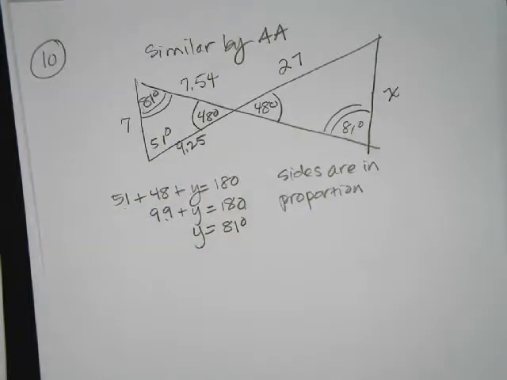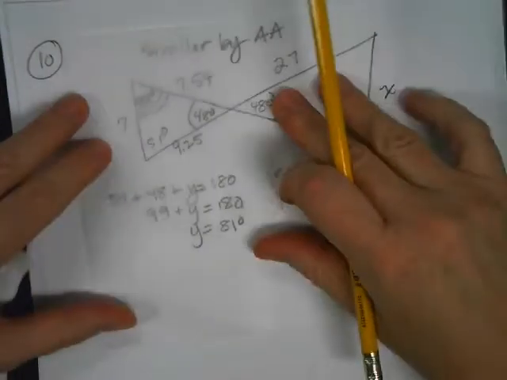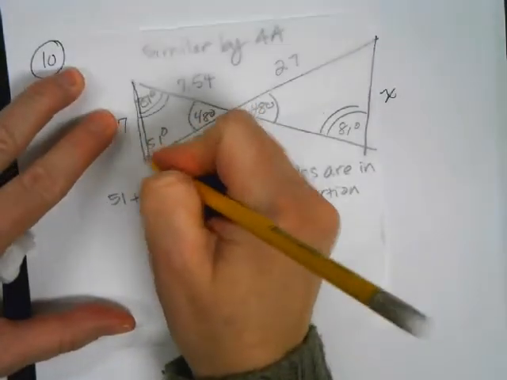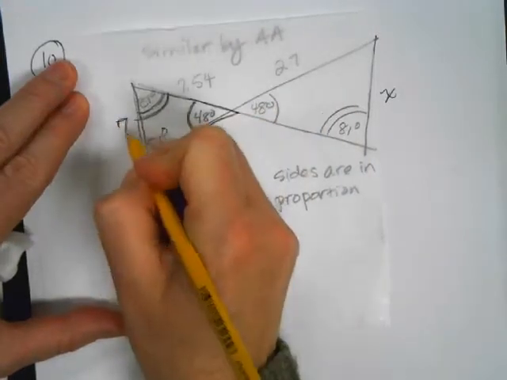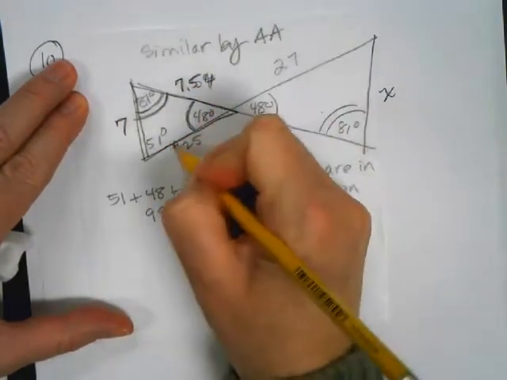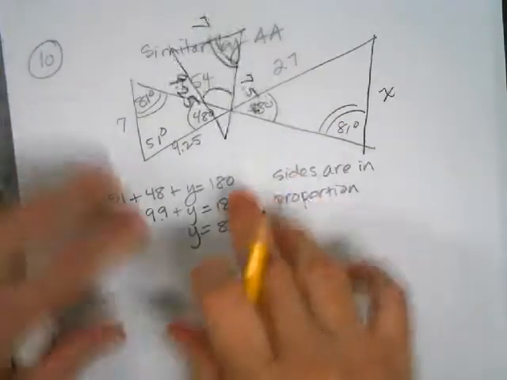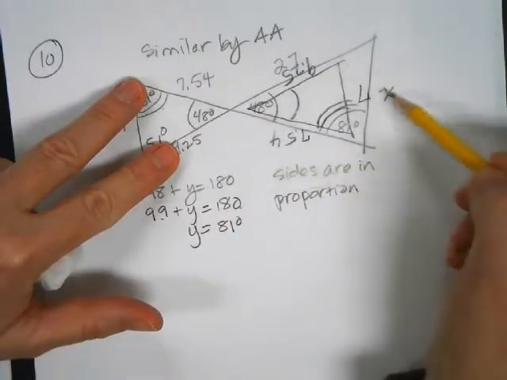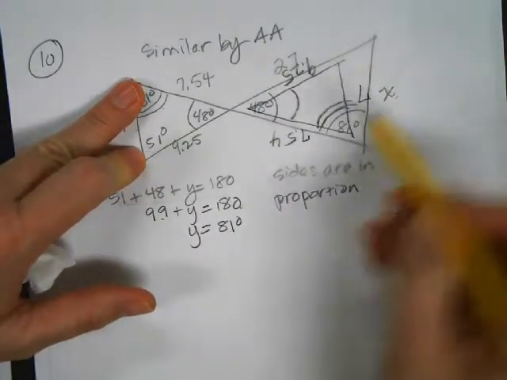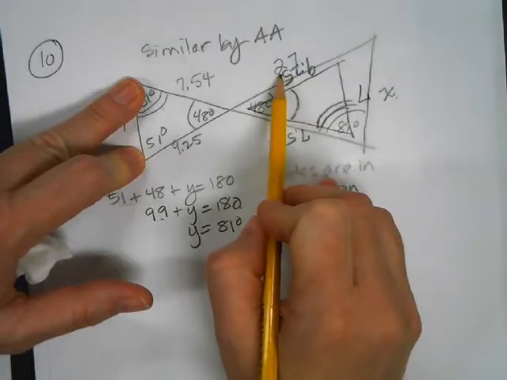If I were to get some tracing paper, if I take some tracing paper and rotate this triangle so that the angles match up, let's see, then 7 would correspond to x, and 9.25 would correspond to 27.